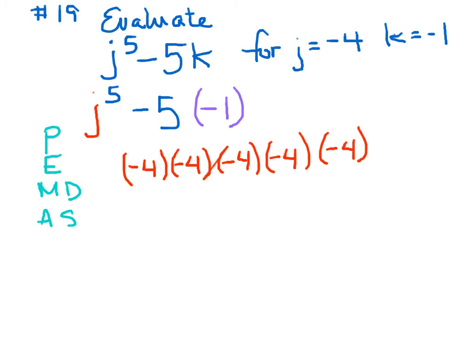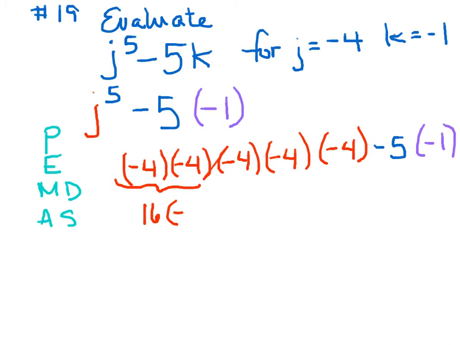And then I'm left with minus 5 times the value for k, which is negative 1. So let's go ahead and work our way through it. So back to our friends, all these 4s. The first set of 4s gives me 16.